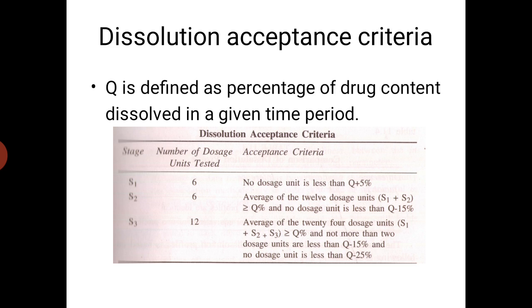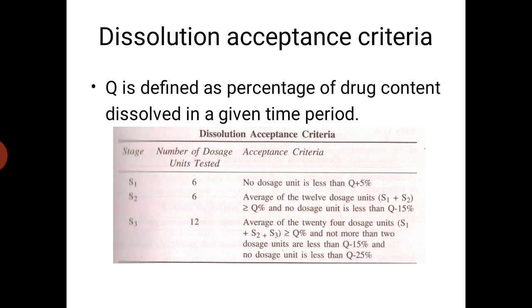Not more than 2 dosage units are less than Q minus 15. So the average of S1, S2, S3 must be greater than the Q value. Even if it is 79%, it fails stage 3. The average must be greater than 80%.